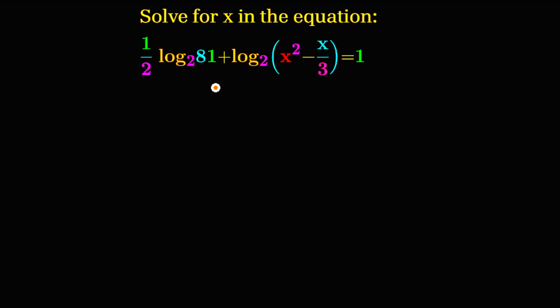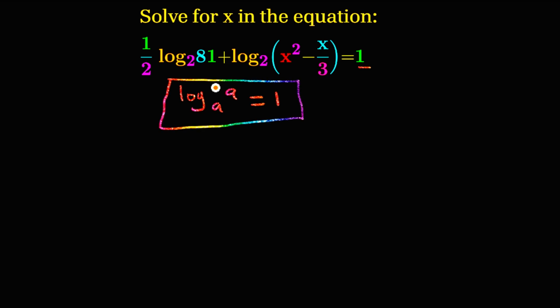So the first thing we're going to do is make sure that you are only dealing with logs or only dealing with numbers. In this case, it is easier to write 1 as a log. Remember, log to base a of a is 1. So we can write 1 as log to base 2 of 2, because our logs are to base 2 in this equation.